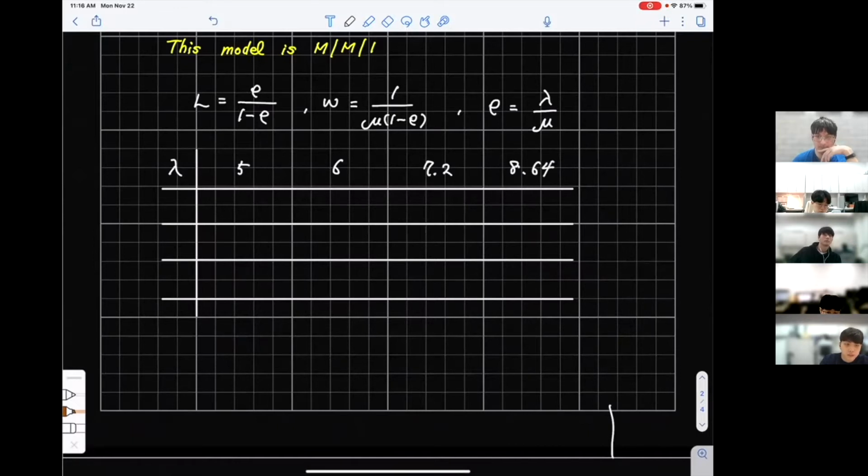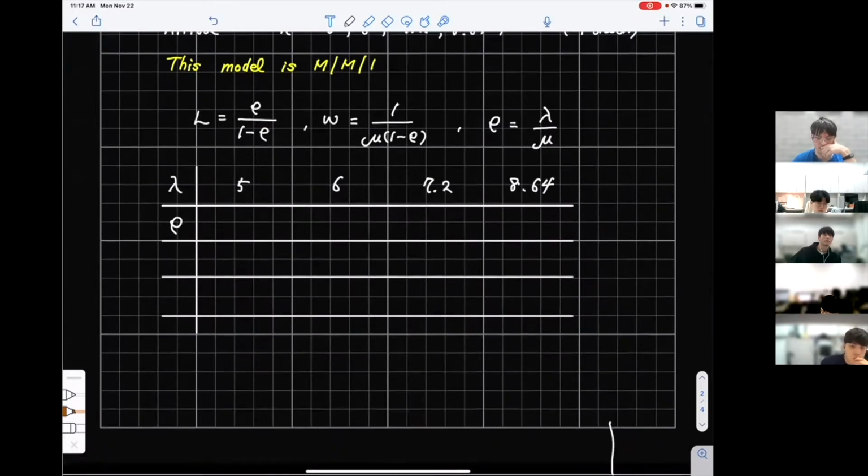With respect to each lambda, we have to calculate rho. It's a very simple one because from this formula, it becomes 0.5, 0.6, 0.72, and 0.864. From here, we have to calculate the cycle time and the waiting length. So it's not complex. It requires very simple calculation, so I just put the answer here.